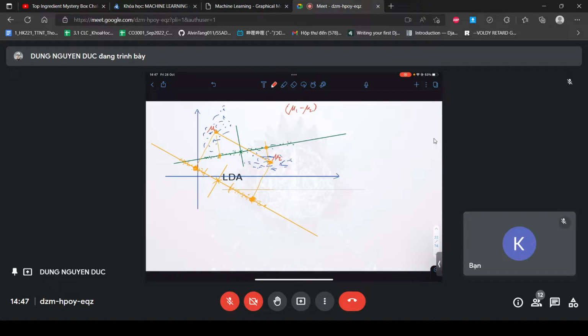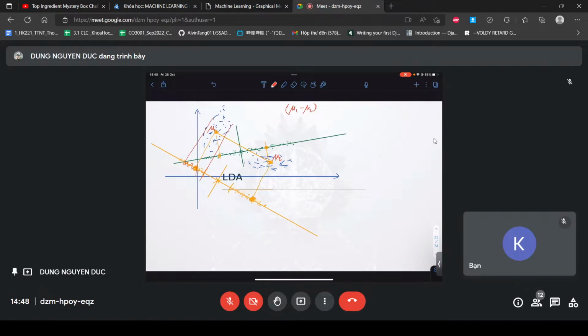Because there is another criterion that we are thinking about. When you project data, you not just want to project data onto the new dimension that makes the distance between them bigger, but also you want to reduce the variance of the data. For example, if you project the first class onto this dimension, the variance is small, right?